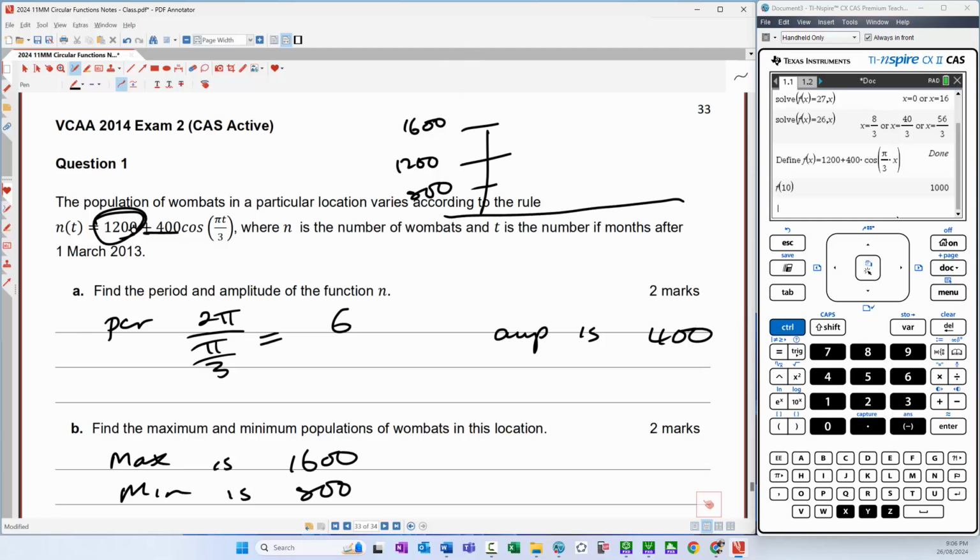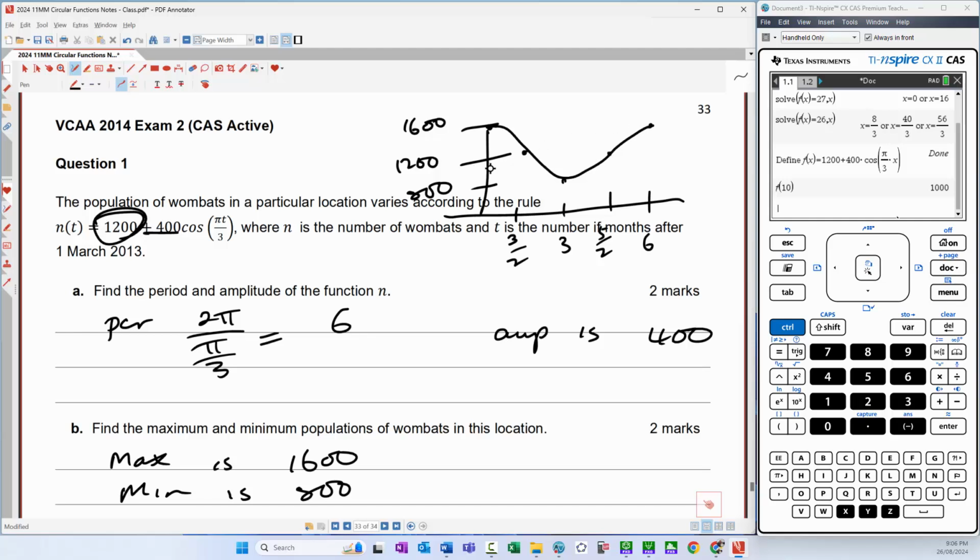So here's our graph. It's cosine. Cosine starts high and our period is 6. So the scale is going to be 6 on 4, 3 on 2. So 3 on 2, that's 1.5, 3, 5 on 2, and 6. So it's going to go up, down, down, up, up for 1 full cycle.